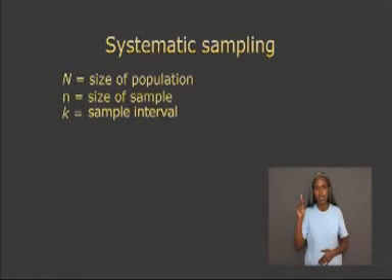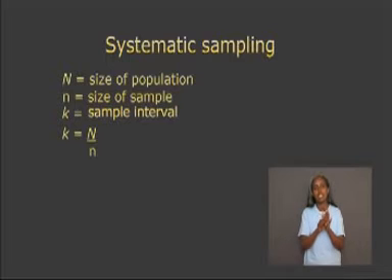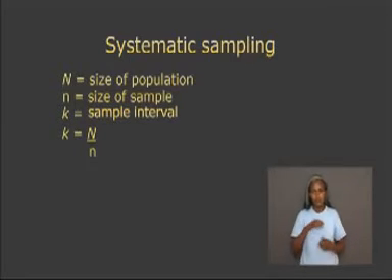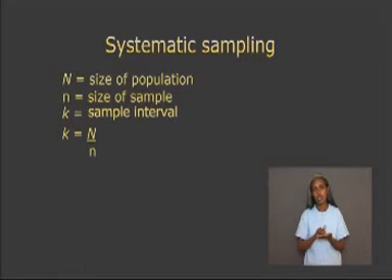K is the sampling interval, and we use the ratio population over sample to solve for K. We select a number between 1 and K. Starting with this number, the value of K is added in intervals to determine the next member of the sample.